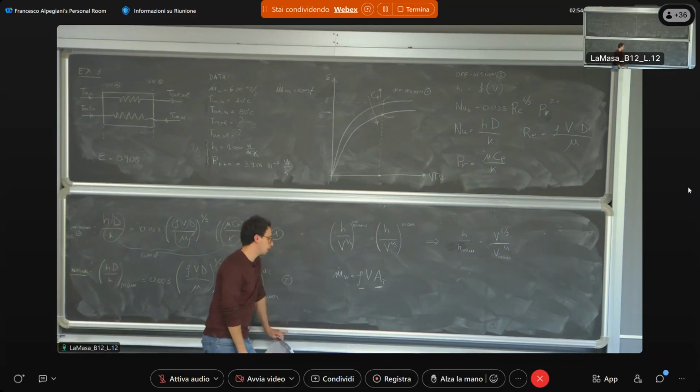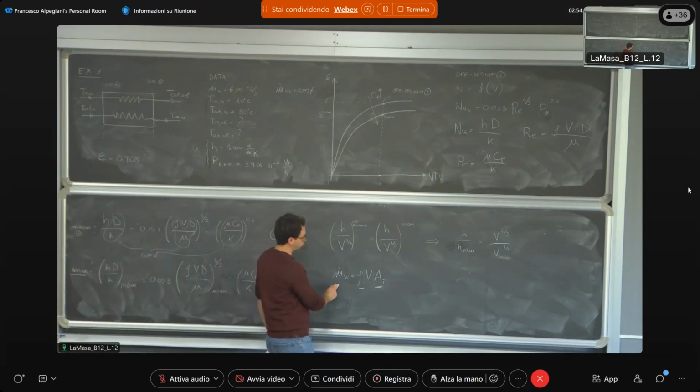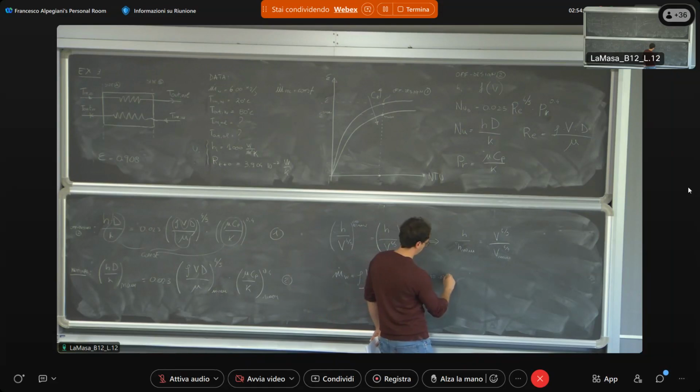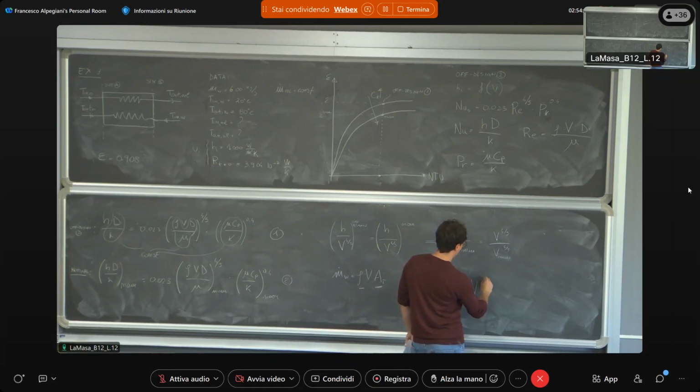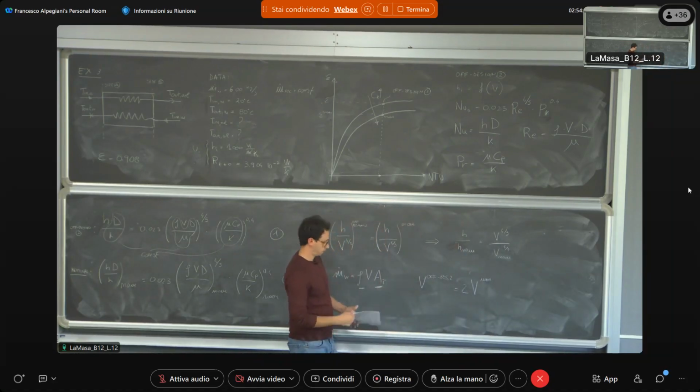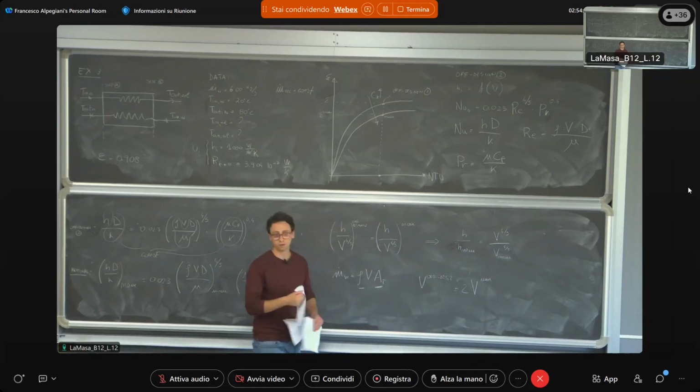But we know that the mass flow rate of water between the nominal case and the off-design case doubled. So what we can say for sure is that since the mass flow rate of the water is double, also the velocity in off-design condition is 2 times the velocity at nominal condition, okay? It's clear?